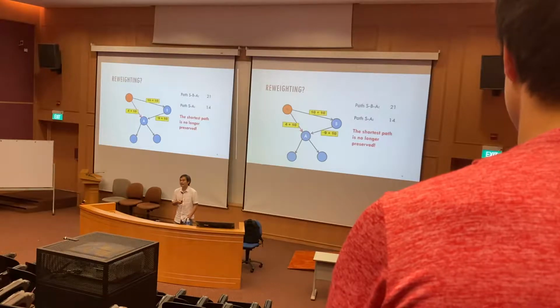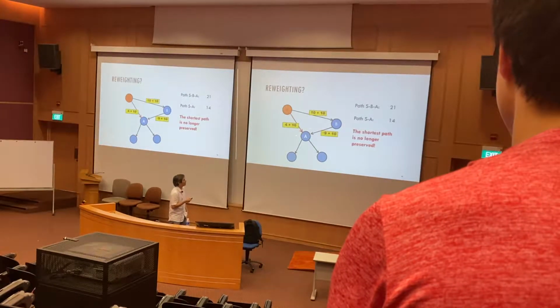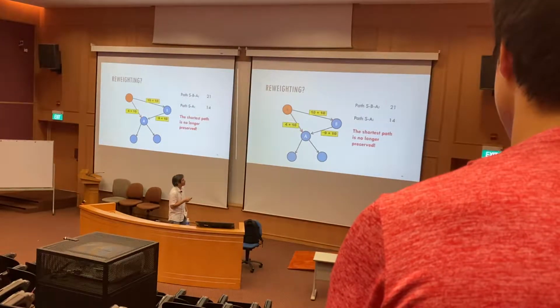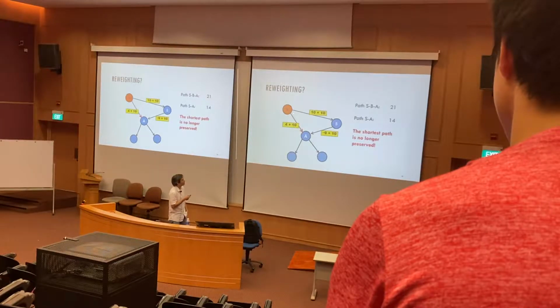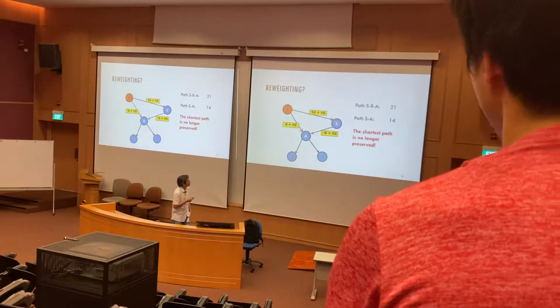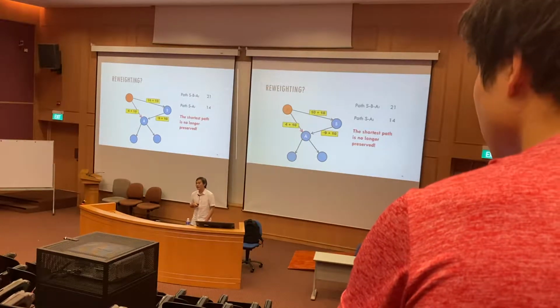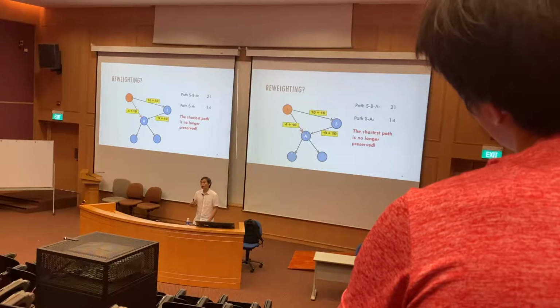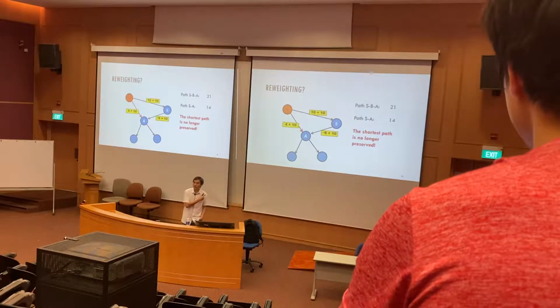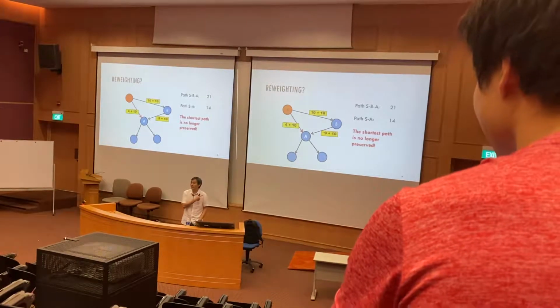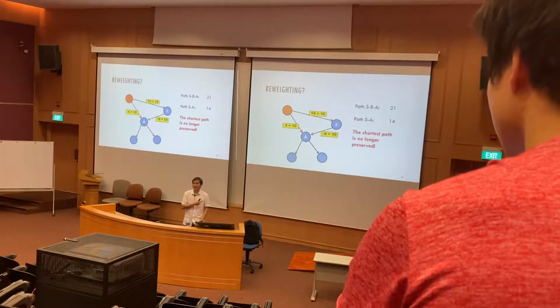The problem is that when I add 10 to everything, notice that the distance along this route has changed. It's become 21. On this side, it's dropped to 14. So the shortest path is no longer preserved once I do this operation.